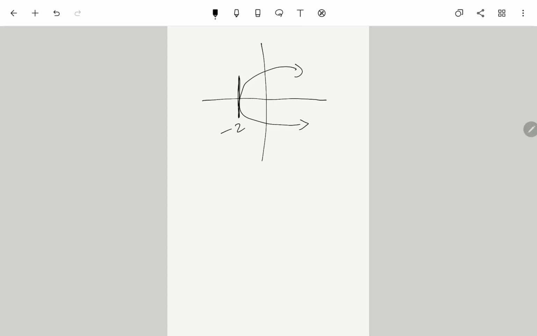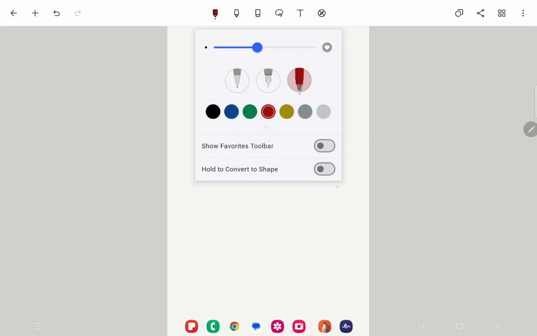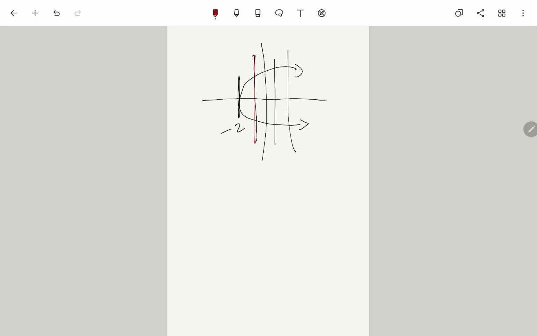No, because if you draw a line like this and like this, you see it intercepts 2 points. 2 points here, 2 points here, and 2 points here.